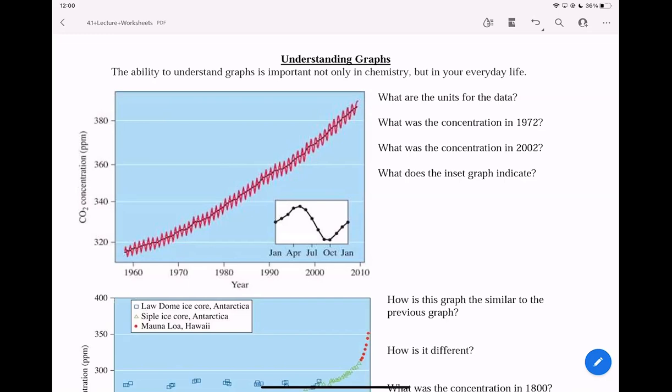So that graph was completely believed, and within 15 years, they banned chlorofluorocarbons all around the world with the Montreal Protocol. Well, what we had with carbon dioxide is atmospheric scientists saying carbon dioxide levels are increasing.